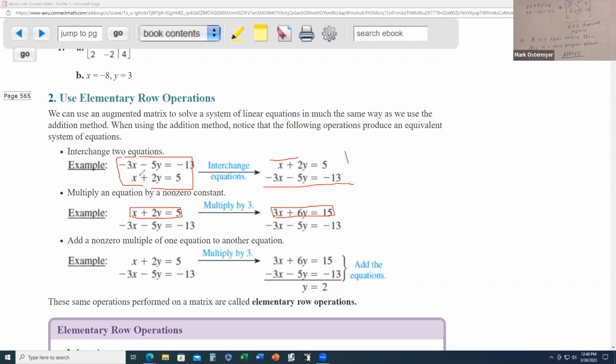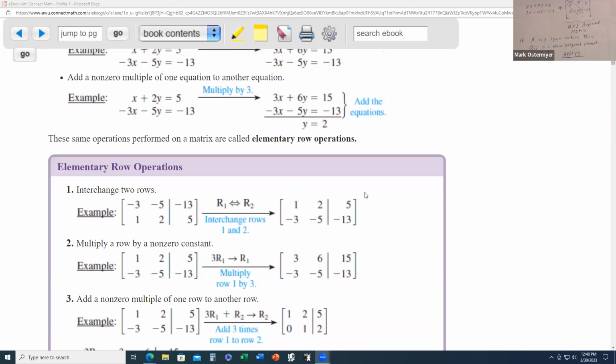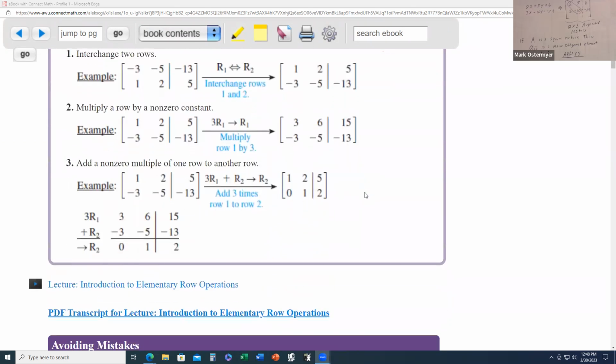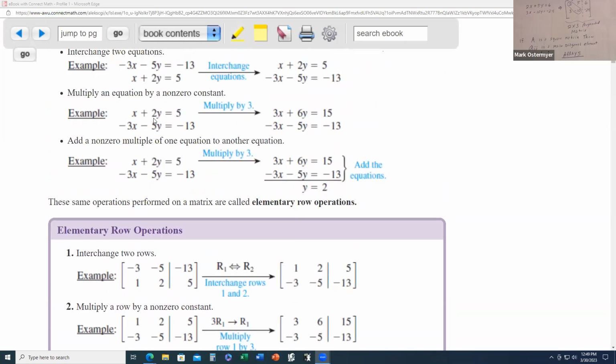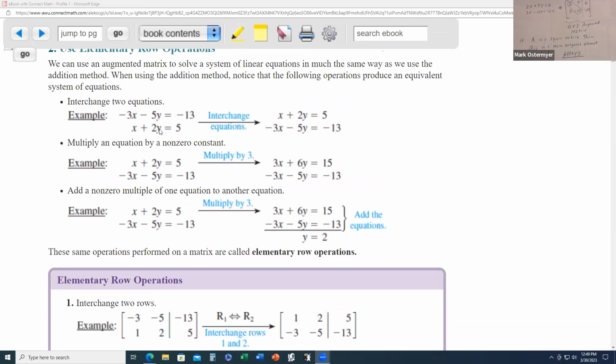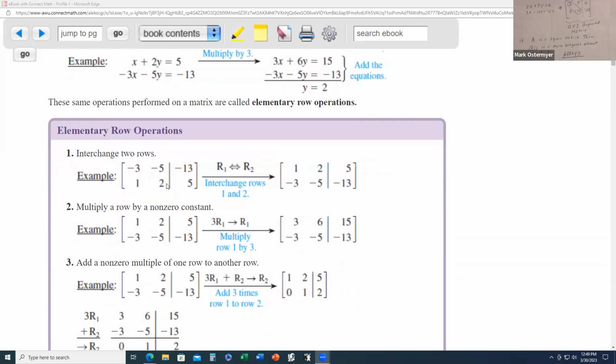So these legal moves that we can subject a system of linear equations to are also going to be analogously the three legal elementary row operations that we can subject a matrix to that holds our systems of equations. So, ladies and gentlemen, suppose that I have a system of two linear equations and two unknowns. In fact, it's the system above here, the original system right here, entered in as a 2x3 augmented matrix.